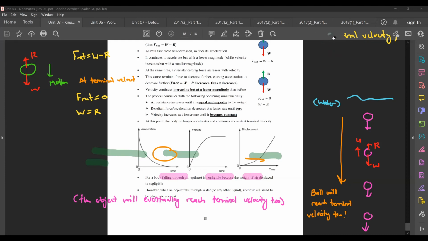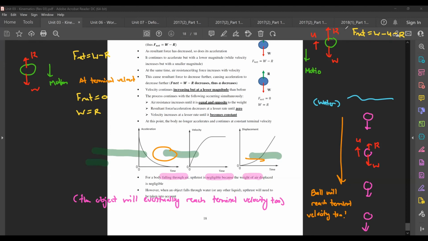You are correct in saying that your F net would actually be W minus U minus R. So let me write it properly for you. This one you have W, this one you have R, this one you have U. So by right, your F net would be W minus U minus R. Again, not forgetting this is the direction of your motion.